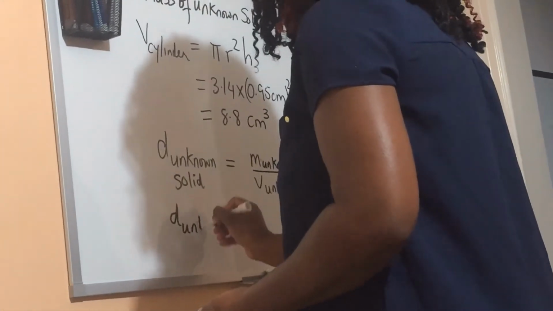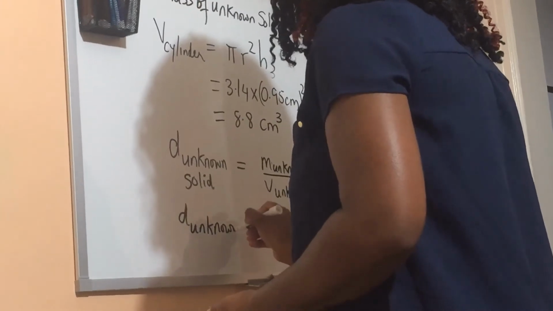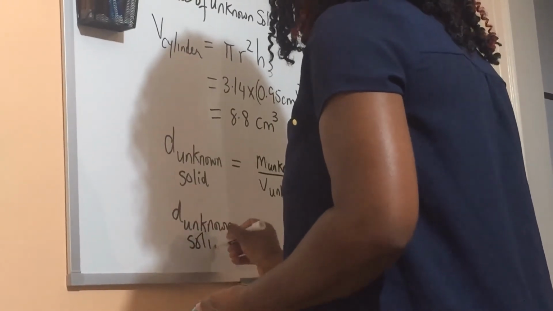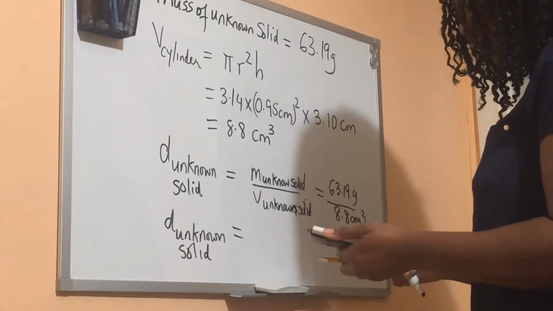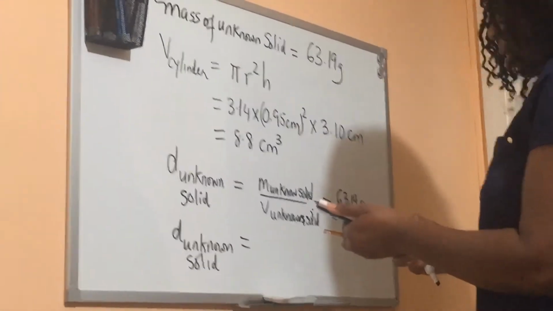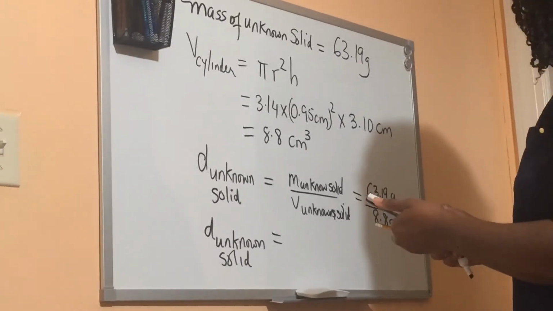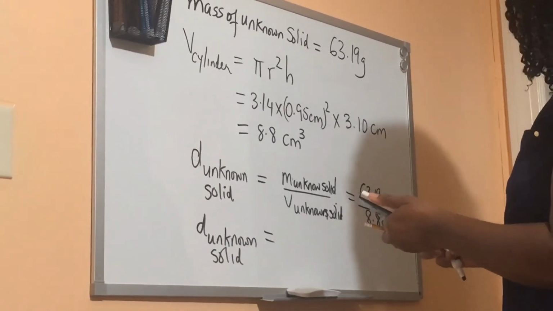The density of the unknown solid is therefore equal to 63.19 grams divided by 8.8.